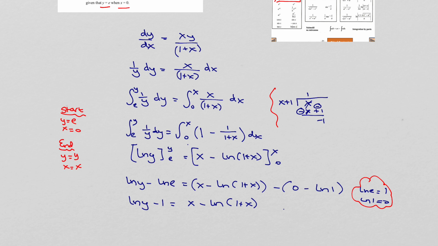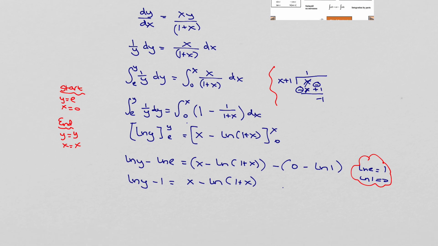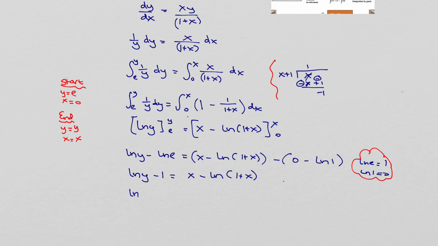So we're going to bring everything else to the right-hand side. And we also will see that we have two logs. So in order to get rid of our logs, we're going to have to change from logs back to exponential form, which means I need my two logs on the left.